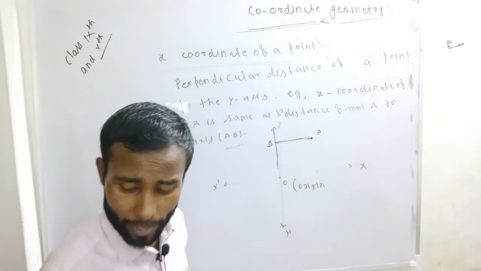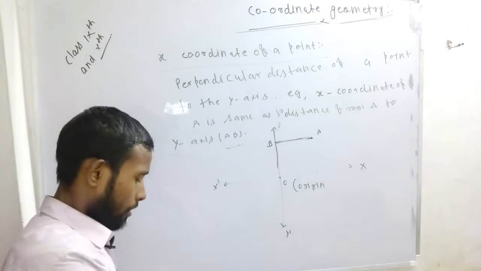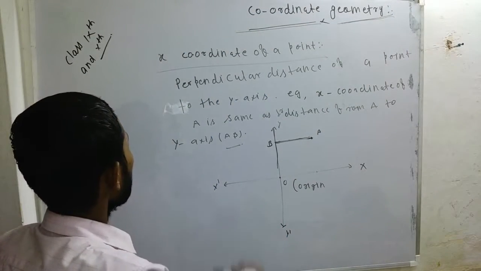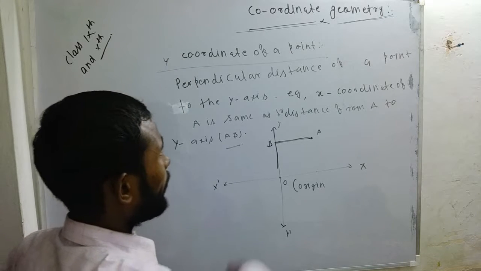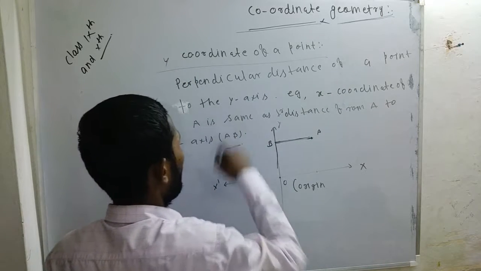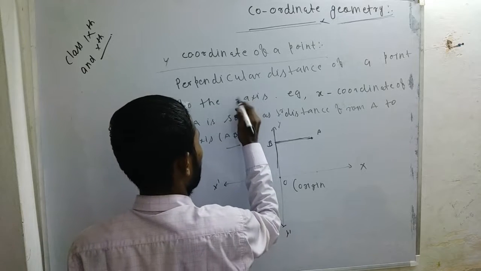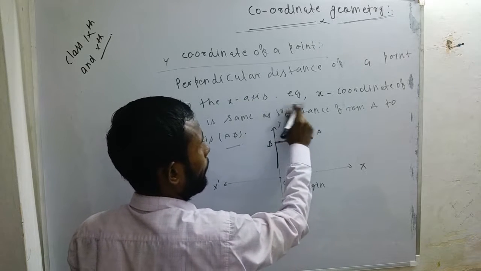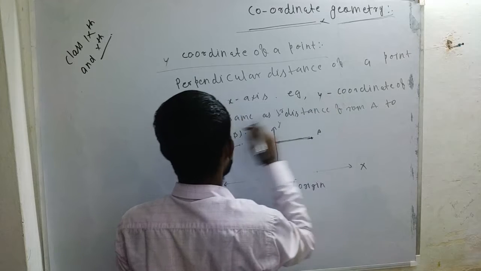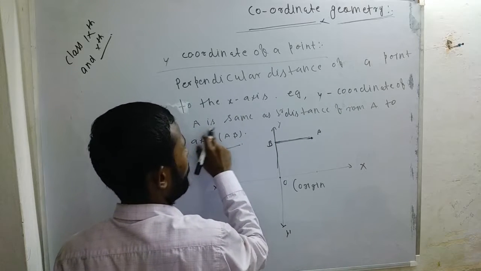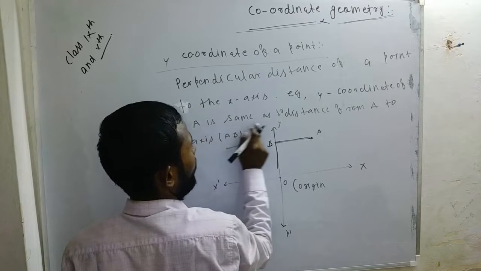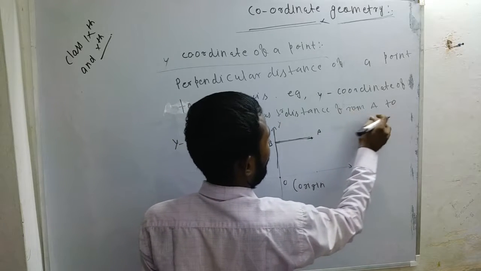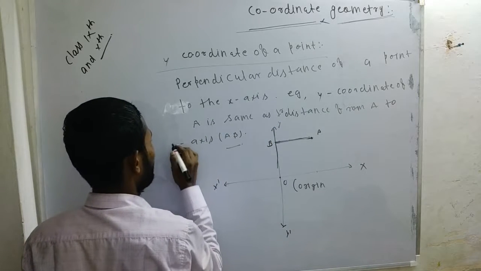Now we define the next term, that means y coordinate of a point. This is the same, but with a very simple difference. If we have to define the y coordinate of a point, it means the perpendicular distance of a point to the x axis. For example, the y coordinate of a point A is the same as the perpendicular distance from A to x axis.